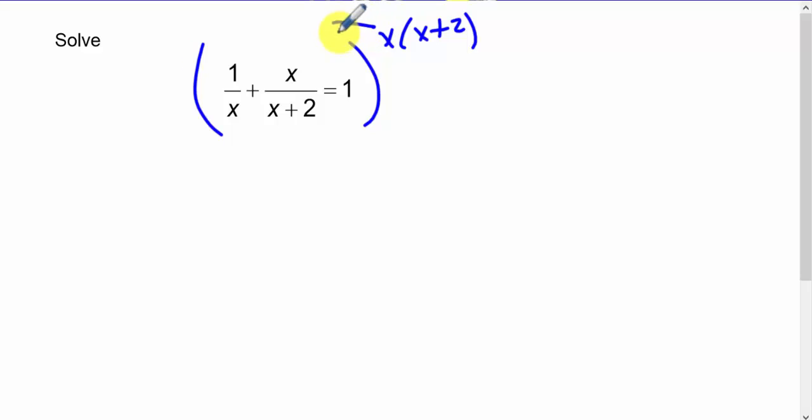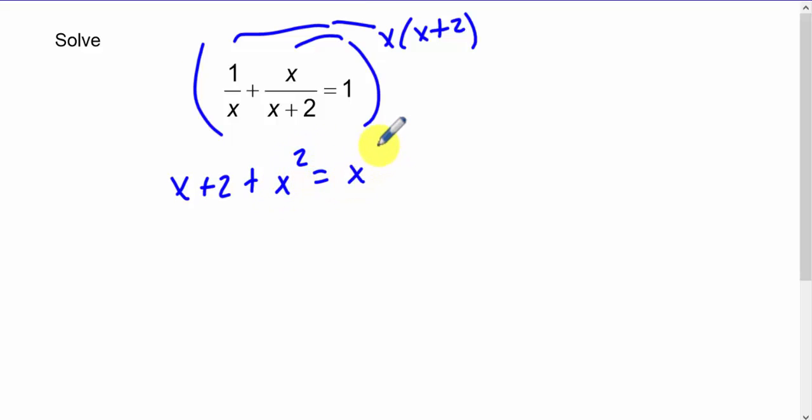Distribute that to the three terms, 1, 2, and 3. In this first term here, my x goes, so I'm left with an x plus 2. Second term, the x plus 2 goes, so I'm left with an x squared. And the third, I have an x squared plus 2x.